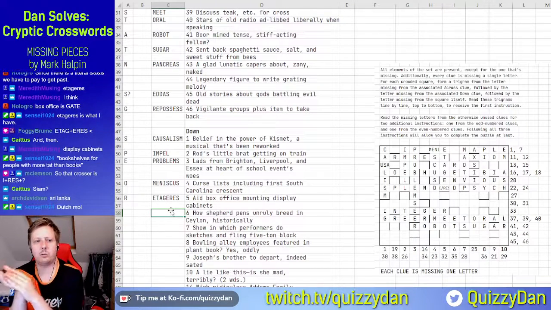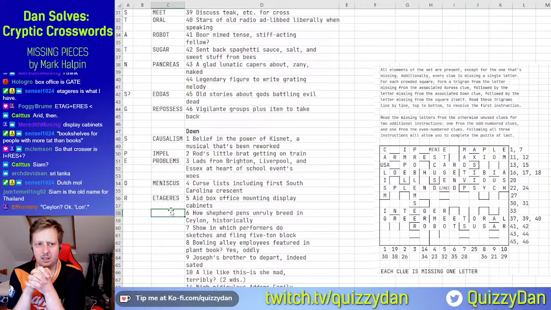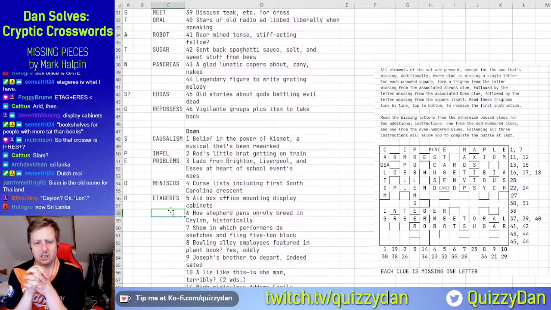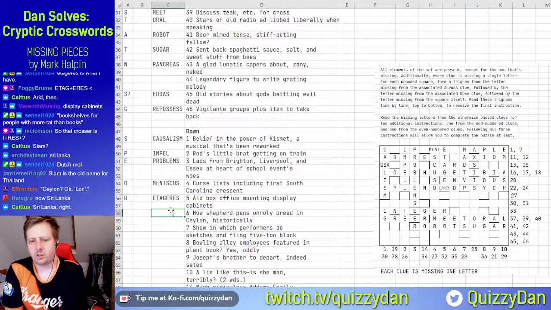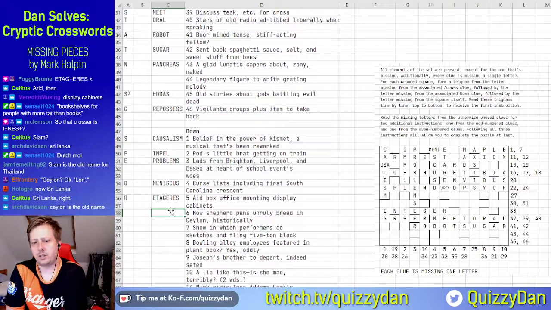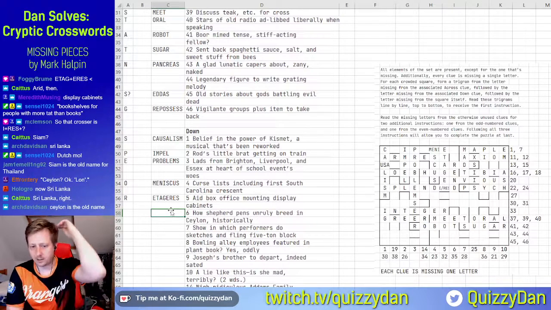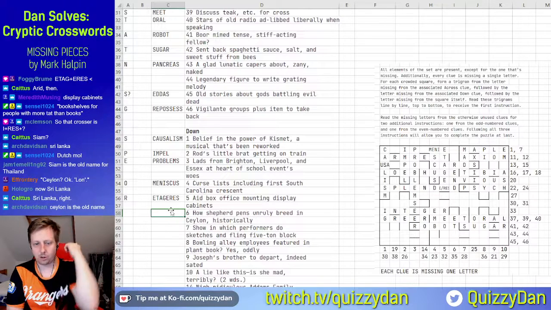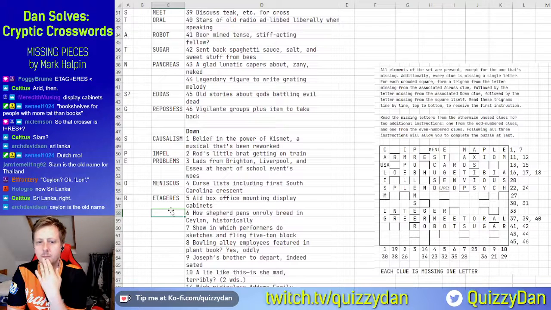What is it now? Sri Lanka. Ceylon is the old name. What was it called before it was called Ceylon? Because I'm intrigued by that. How shepherd pens unruly breed. Okay. They've got to put an extra letter somewhere in here. Pens could become... Oh, no.